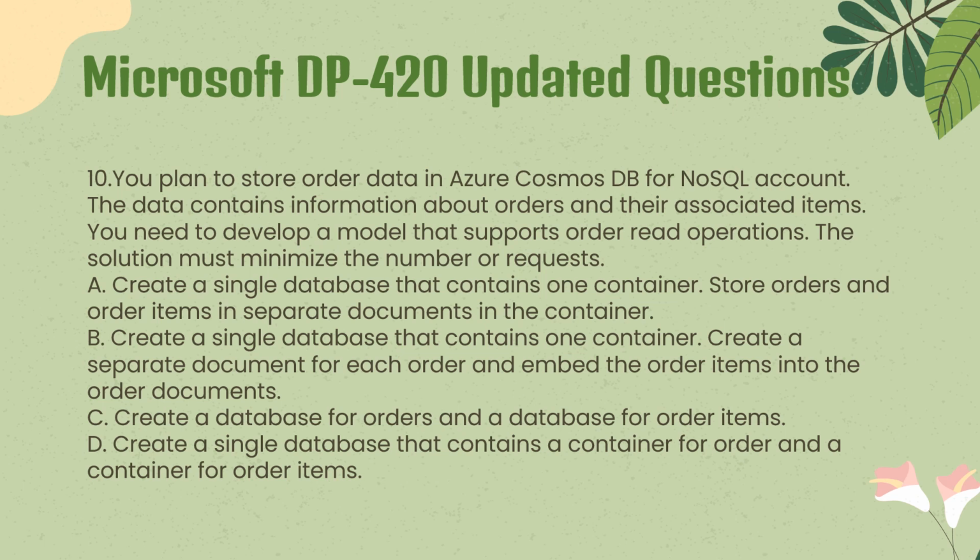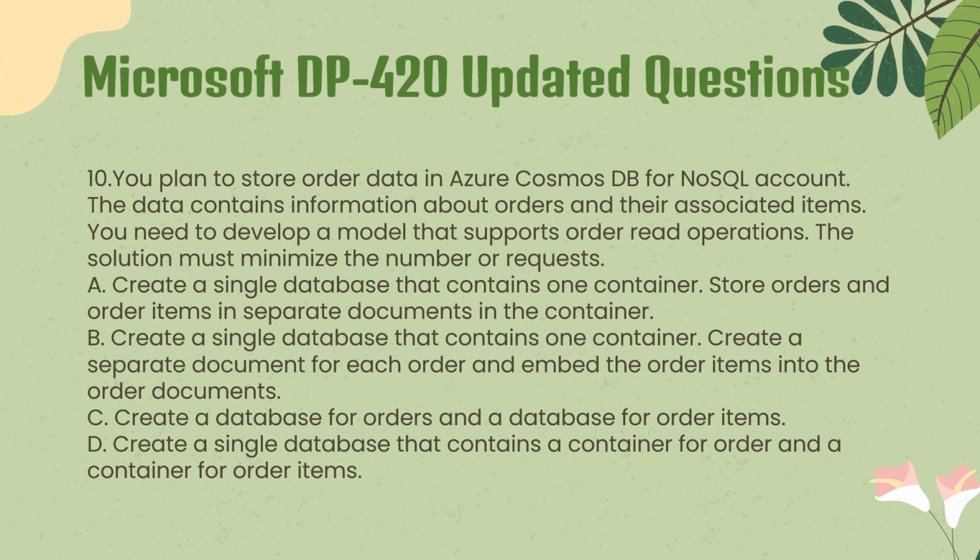10. You plan to store order data in Azure Cosmos DB for NoSQL account. The data contains information about orders and their associated items. You need to develop a model that supports order read operations. The solution must minimize the number of requests. A. Create a single database that contains one container. Store orders and order items in separate documents in the container.